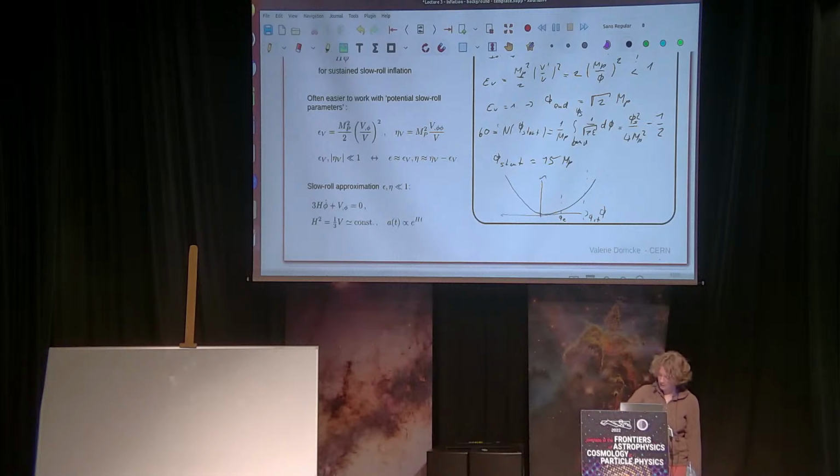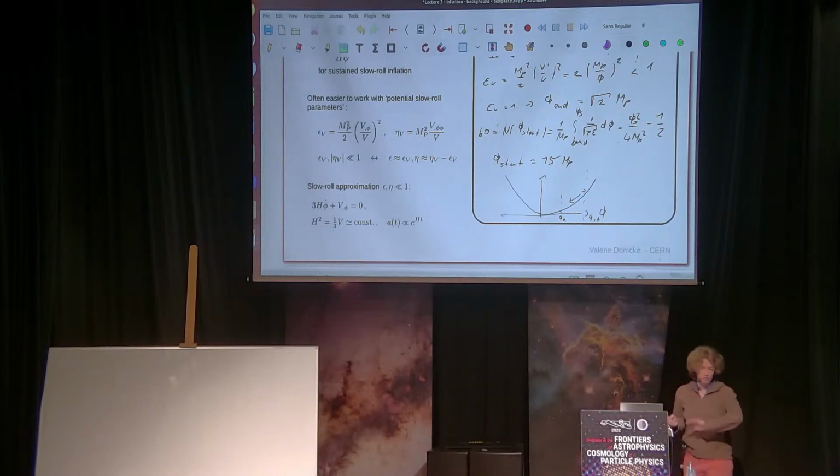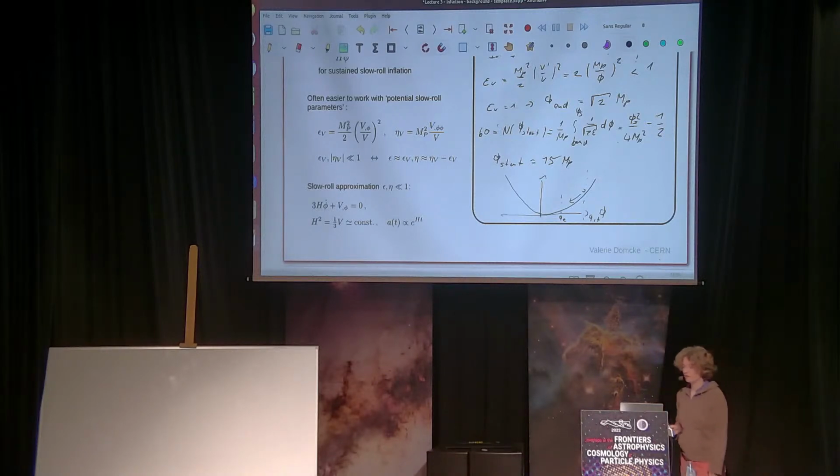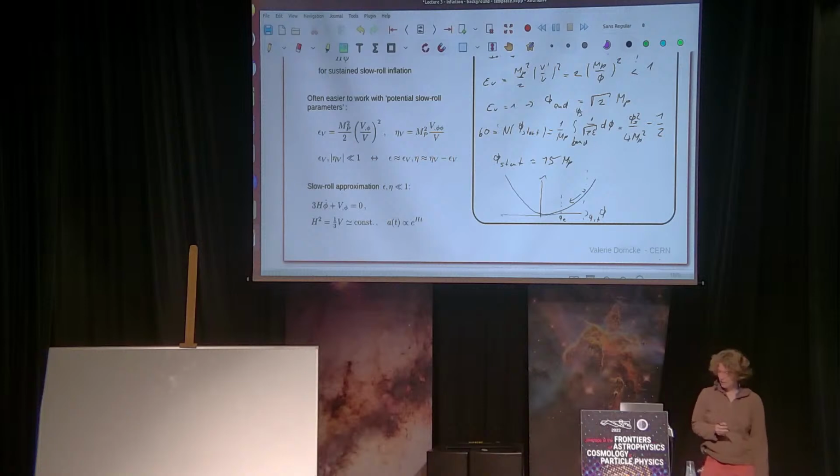And our field is rolling down in this range here, right? Maybe it's also rolling already up here. That's okay. We can have much more than 60 e-folds of inflation. That's fine. But we need at least 60 e-folds of inflation, right? So we need to somehow start somewhere up here, and then we roll, and then once we reach this point, inflation ends.